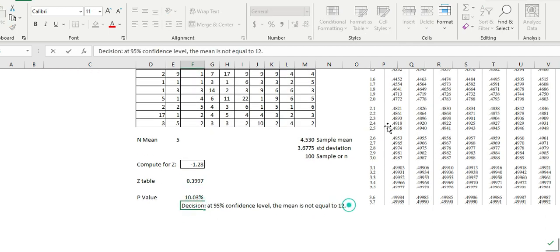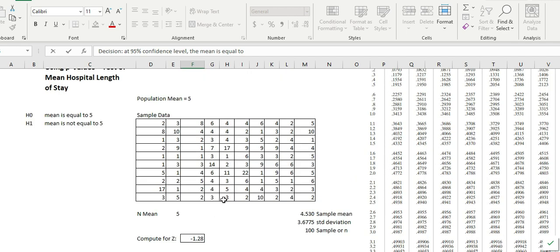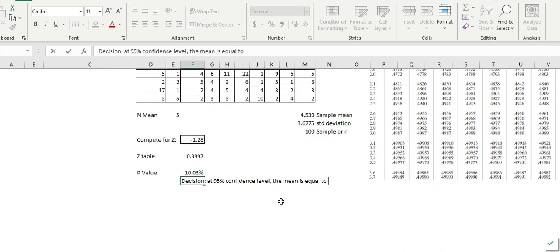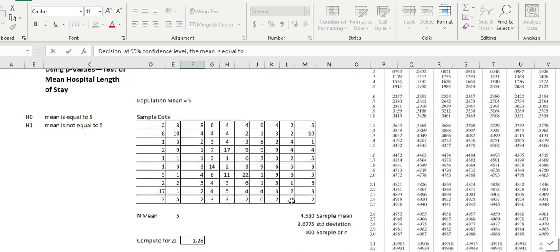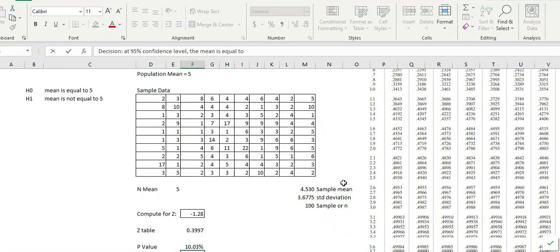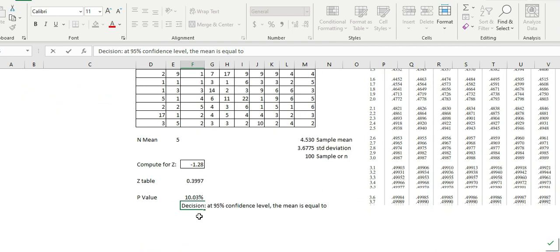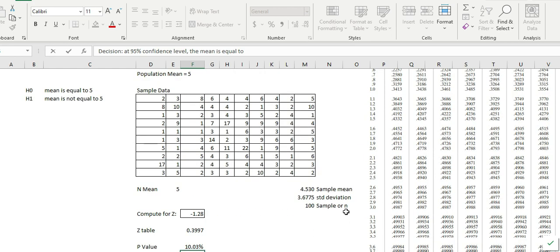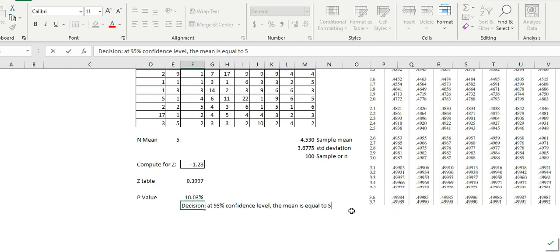The mean is equal to, since we are talking about equal here, at 95% confidence level, the mean is equal to 5. That's it.